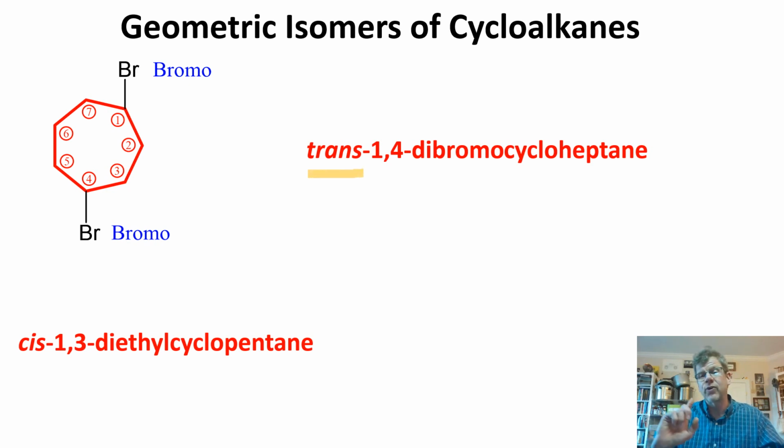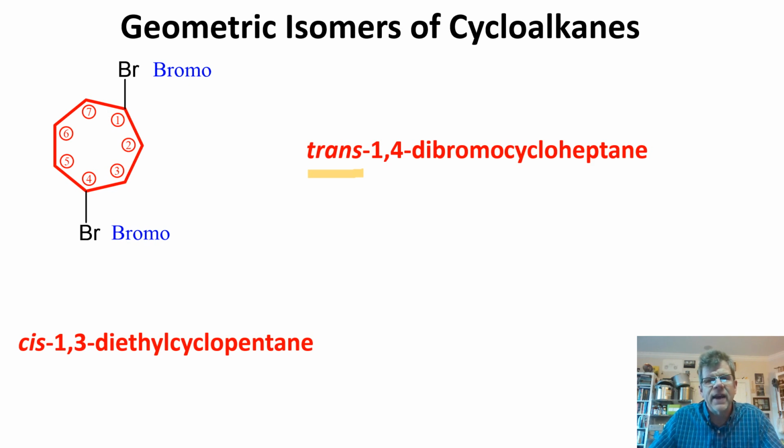That's sometimes forgotten. That trans, because the one bromo is pointed straight down and the other bromo is pointed straight up. That's the up-down methodology to discern trans geometric isomerism. So in this case, trans-1,4-dibromocycloheptane.